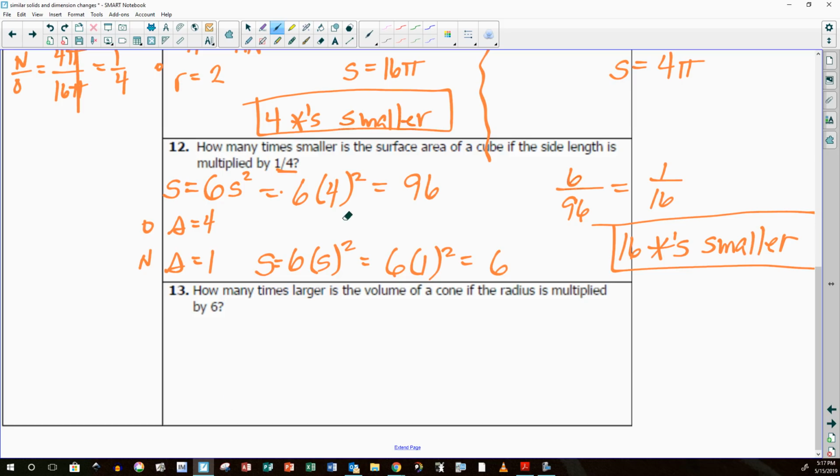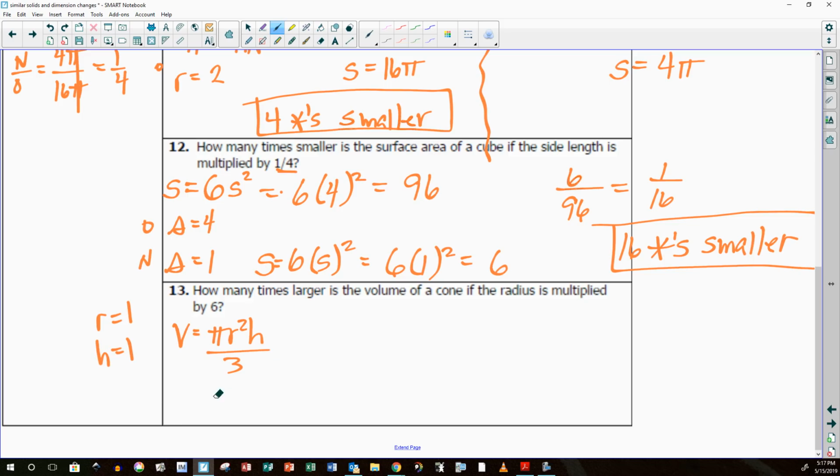All right, so how many times larger is the volume of a cone if the radius is multiplied by 6? So the volume of a cone is pi r squared h over 3. Since the formula calls for a radius and a height, and it says you're only changing the radius, since the radius is 1, I'm going to make the height 1 also.